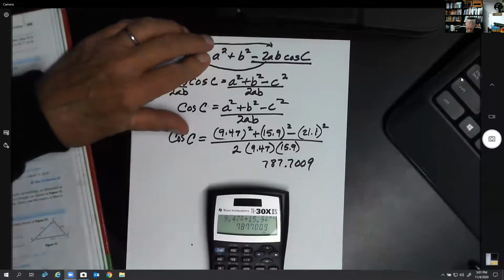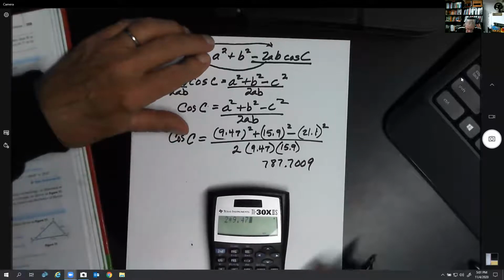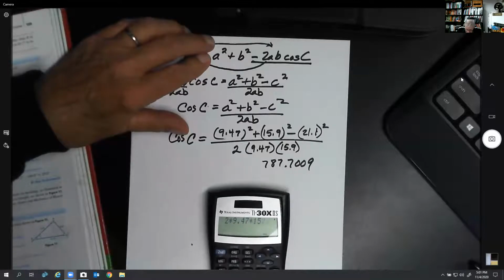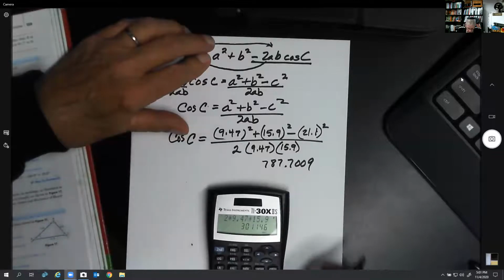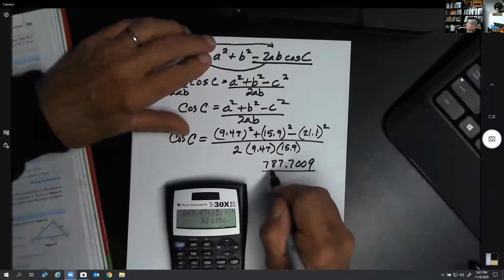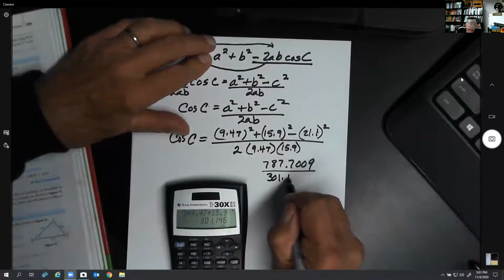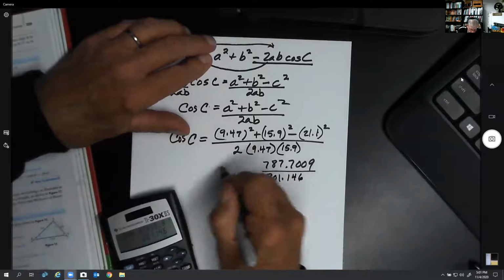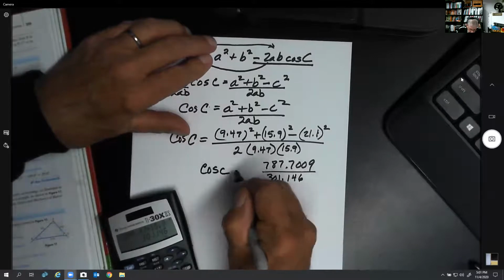Now I'm going to do the bottom, clear this out, 2 times 9.47 times 15.9 equals 301.146. Now if I divide both of those, I should find the cosine of C.